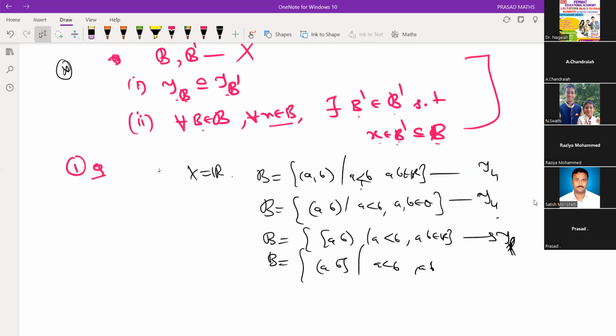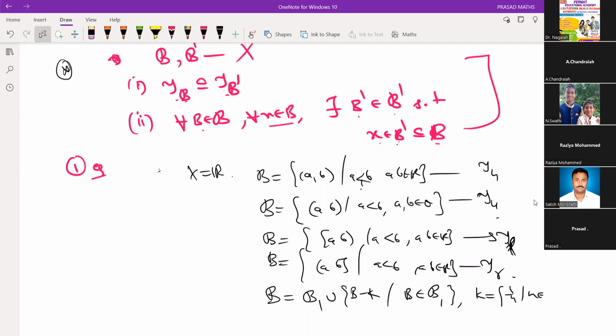This is an open base for the right limit topology, right? So suppose you take B equals B1 union B minus K such that B belongs to B1, where K equals 1 over n, n belongs to N, and B1 is equal to open segments.